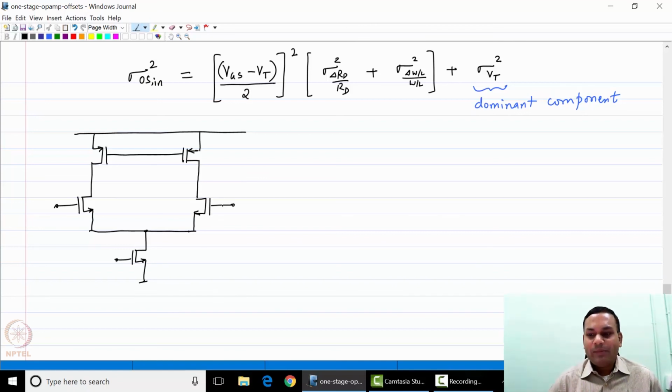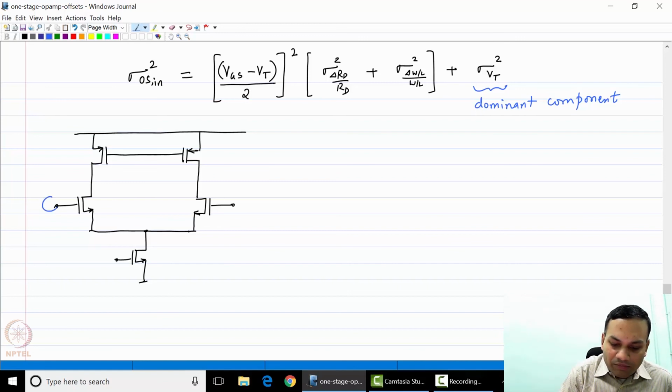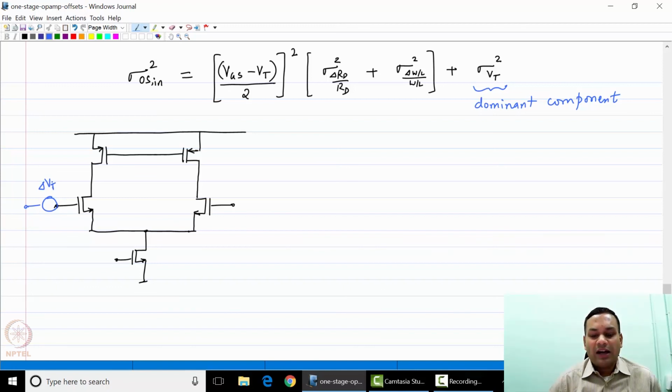Let us consider only the VT mismatch because that is expected to be most dominant. So, as you might imagine, the input referred offset in the threshold voltage between 1 and 2 directly appears at the input.